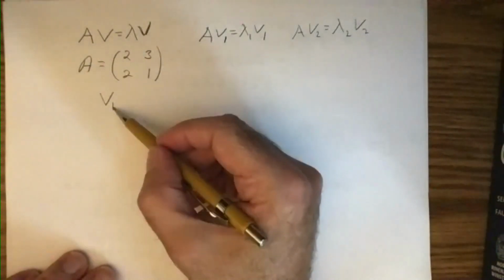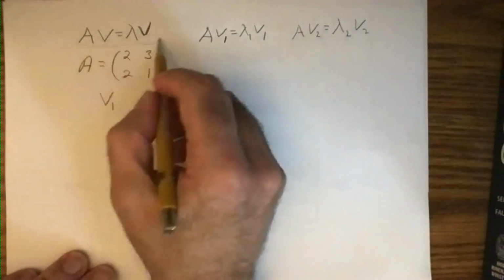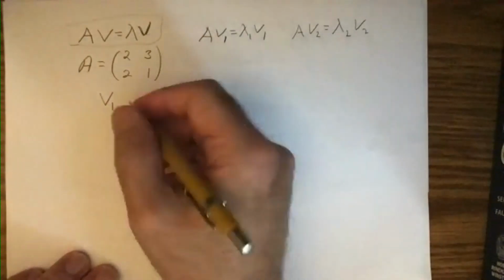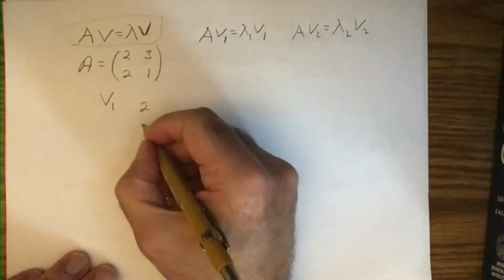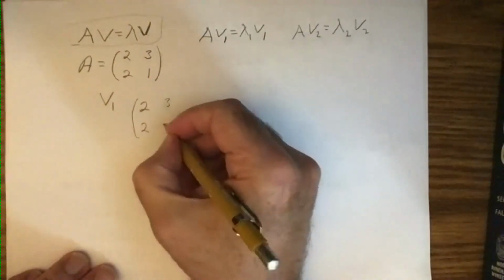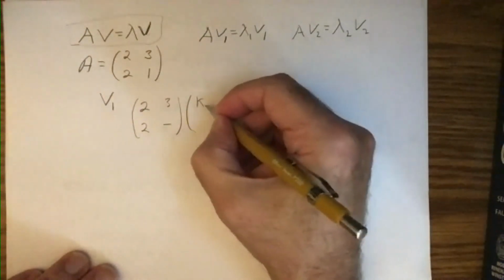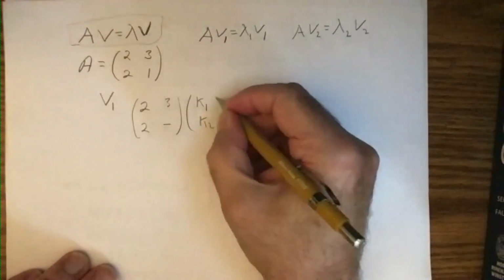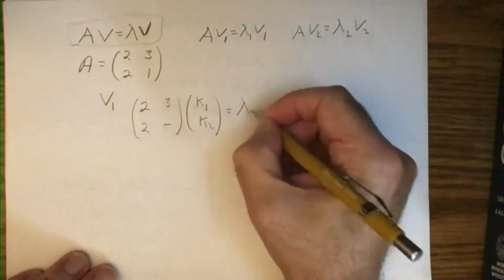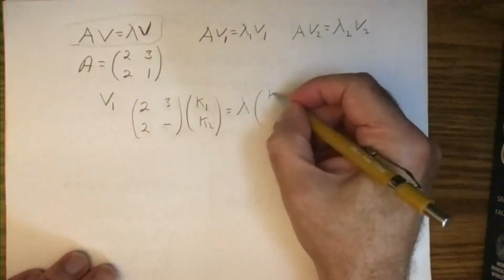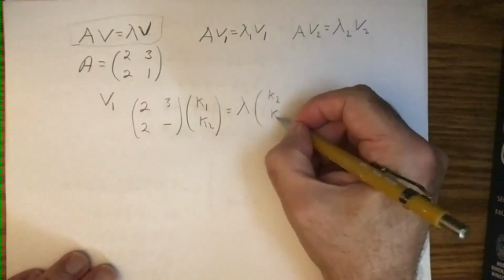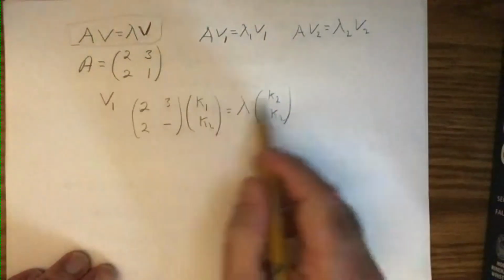All right. So how do we find V1? Well, here's the equation, and this is the way I like to do it. Now this is the vector I don't know, so I'm just going to call it K1 and K2. I don't know what it is. And the vector is the same on both sides.